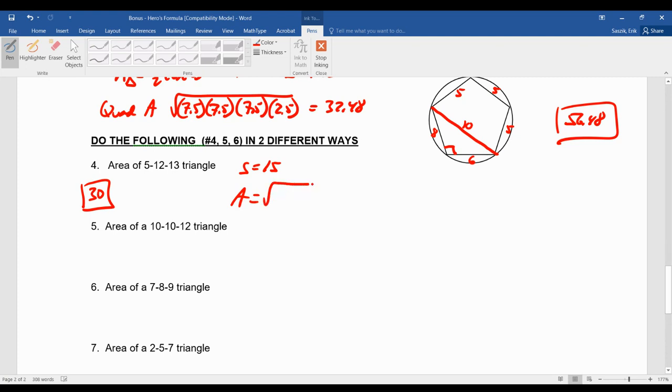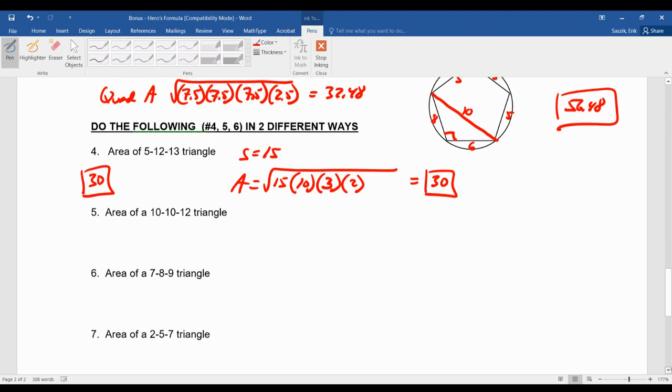And remember with Hero's, you have the S in the front. 15 minus 5, 15 minus 12, 15 minus 13. Okay. This one might be a little bit harder to simplify. There's no obvious perfect squares that you can get right away. This ends up being just 30 though, because it comes out to 900.